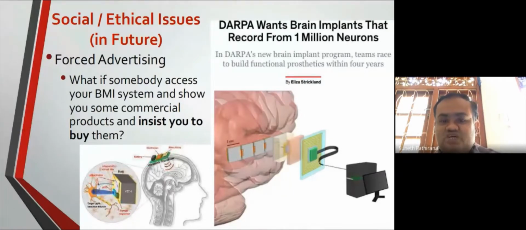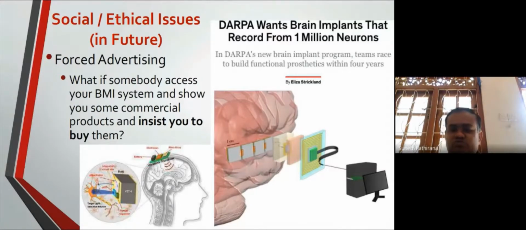And if a malicious party gains unauthorized access to your system, which is implanted with a chip inside your brain, they may steal your sensitive information like your passwords, or influence you to do what they want. For example, forced advertising, that means they will influence you to buy something. So these are the possible issues which may arise as a result of technological advancement.